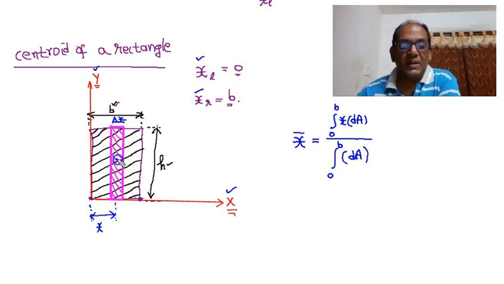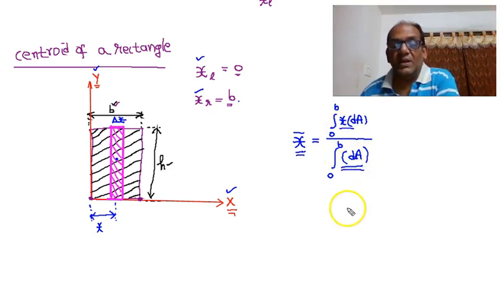This is the elemental area. The center of the elemental area is just somewhere over there, and we write the formula for the X coordinate of the centroid. The X coordinate of the centroid is the integral from 0 to B of X times dA divided by the integral from 0 to B of dA.